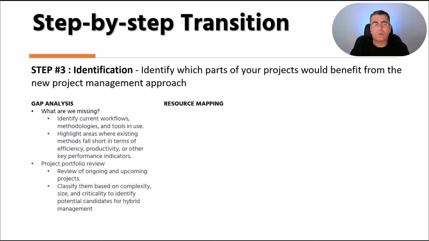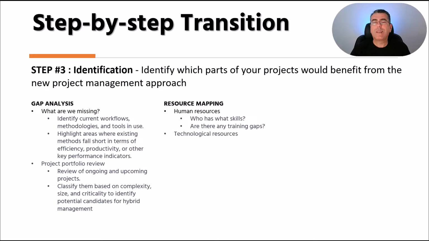We also will work on resource mapping. So we need to think about the human resources, who has the skills to work in a hybrid environment, what are the training gaps. They need to know more about adaptive, more about predictive, more about hybrid. So we need to really improve the skills of our human resources.